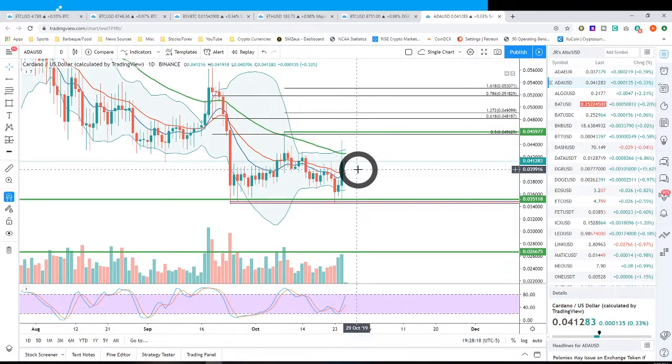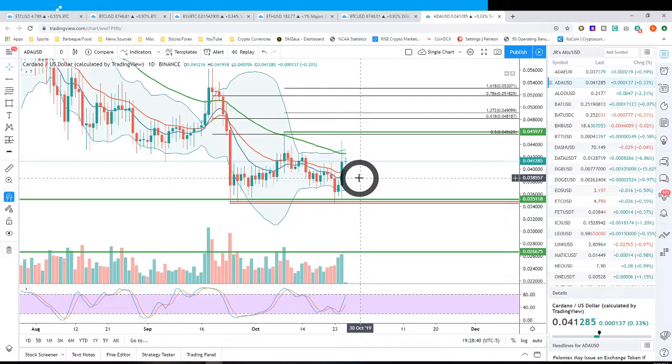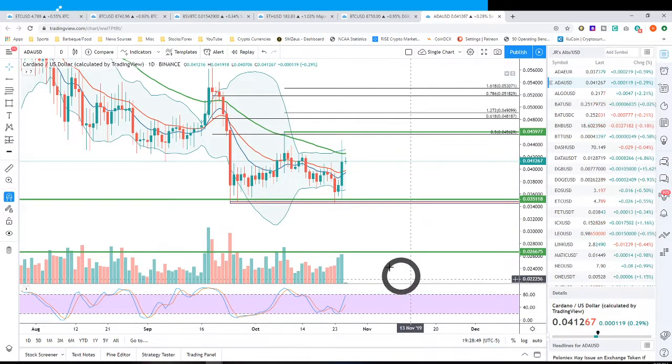So if you're really in love with this thing, you could buy it, let's say 0.039. I know that we're getting into decimals here and that's hard, but 0.039, you could buy it right there or a little bit above, and then just put your stop in like 0.038. Because if it drops below those moving averages, then it's probably going to go right back down.